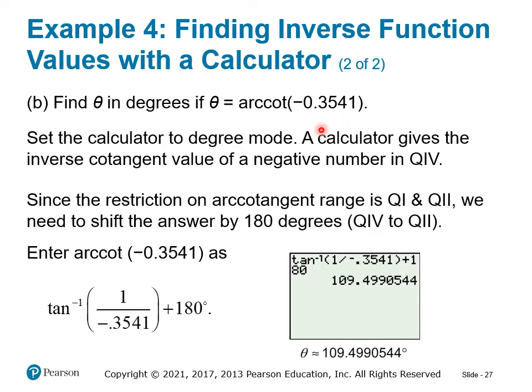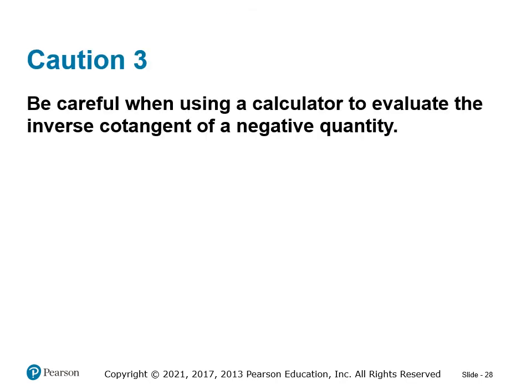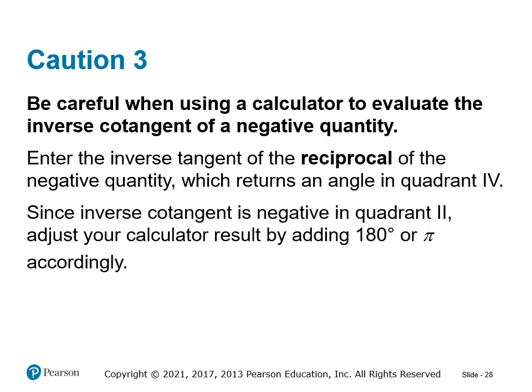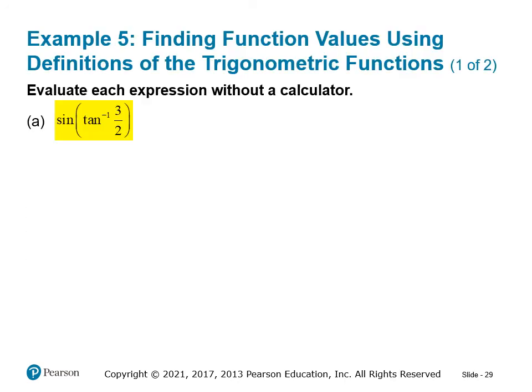So for this problem, we take the inverse tangent of 1 over -0.3541, and then we have to add 180 degrees because this answer is going to be in quadrant 4. For cotangent, because of our limitation on the domain and range, we have to be in quadrant 2. So specifically for arc cotangent values that are negative, remember to add 180 degrees. And that's what I just emphasized.